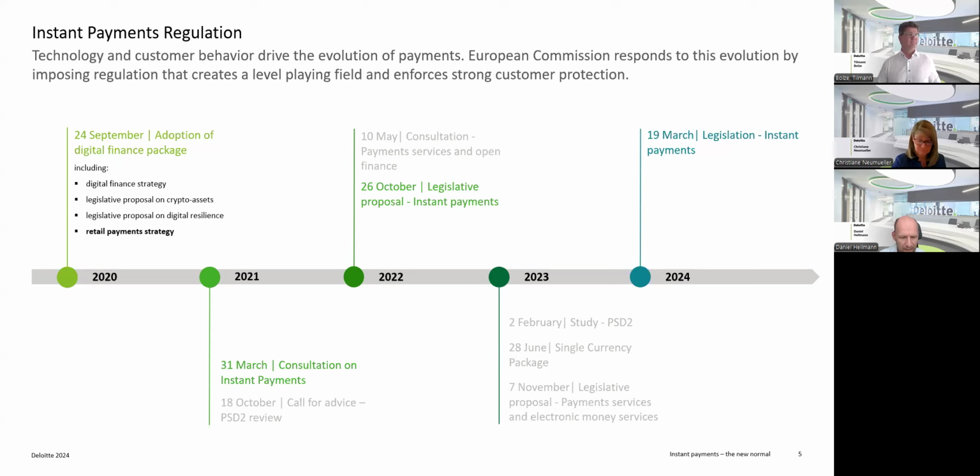And in this retail payments strategy, it was already said that the European Commission will make sure that instant payment becomes the new normal. They said that they will ensure that there is a high amount of consumer protection also for instant payments, and that they will reinforce interoperability of the infrastructures that process instant payments.